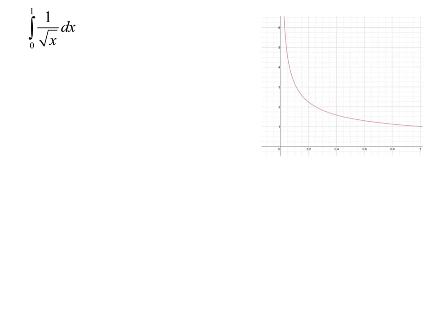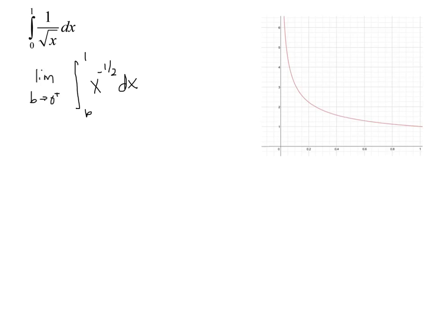Let me rewrite. I'm going to do the limit as b approaches 0, and by rights we should say from the positive side, since we're looking at it from the positive side of 0. Integral from b to 1, and let me write this as x to the negative 1/2 dx.